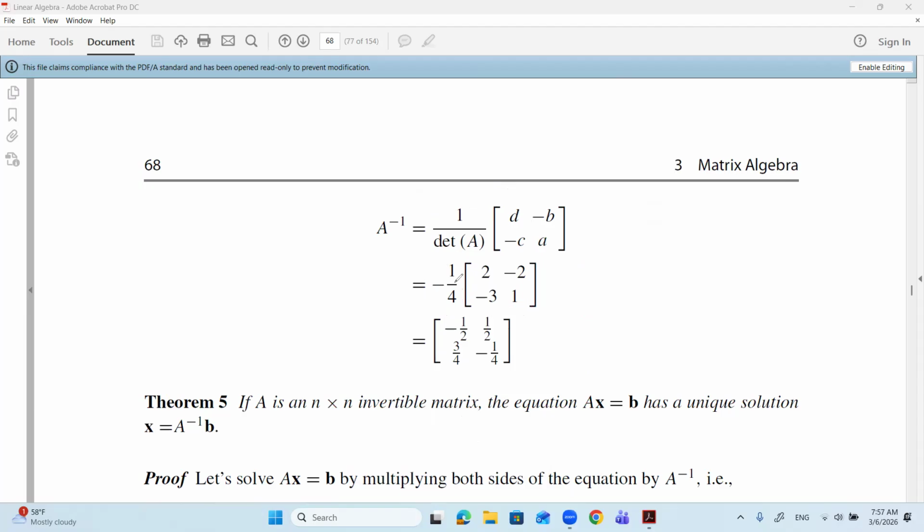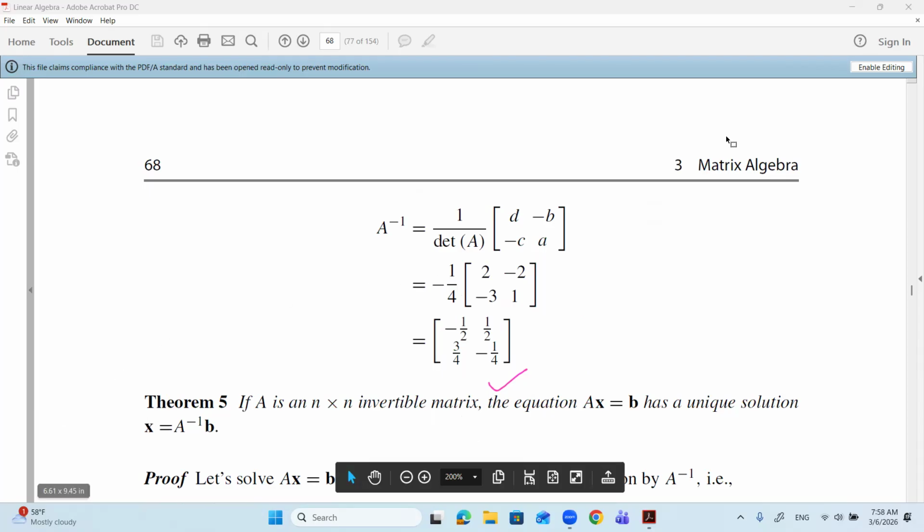So 2 times -1/4, this first entry times -1/4, second entry times -1/4, and then the third entry times -1/4. Last entry, 1 times -1/4. So we get this, the inverse matrix of a 2 by 2.